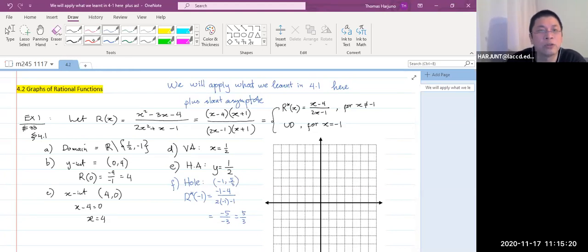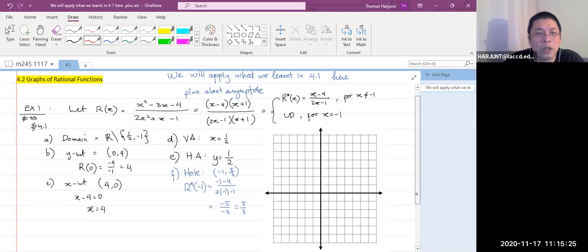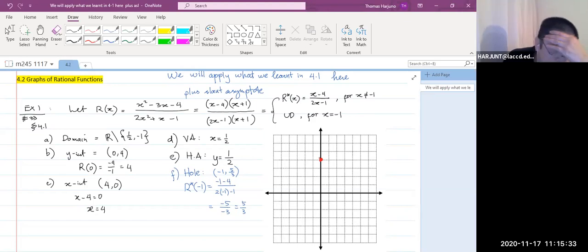Now let's put things together. Start with the y-intercept, which is (0, 4). Oh, by the way, I assume you will be printing your tests, right? Especially for test 4.